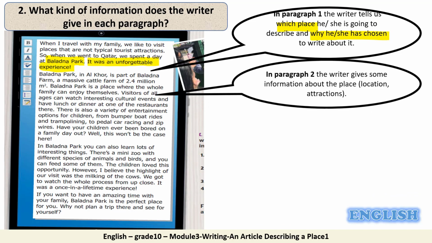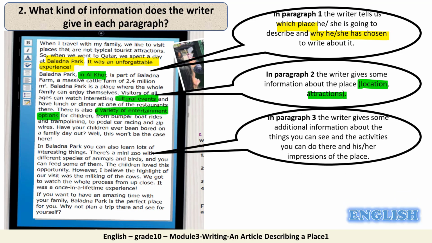Good. In paragraph 2, the writer gives some information about the place, for example, the location, in this case it's in Al-Khor, and the attractions, for instance, cultural events, and a variety of entertainment options. In paragraph 3, the writer gives some additional information about the things you can see, for instance, the mini zoo, and the activities you can do there.